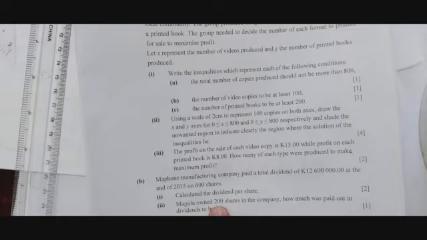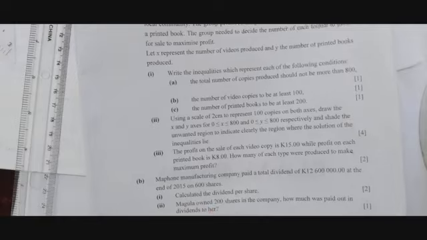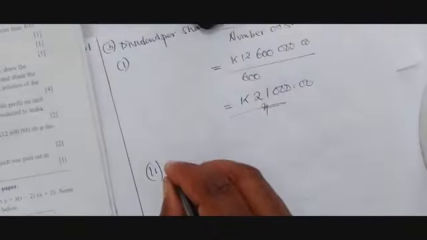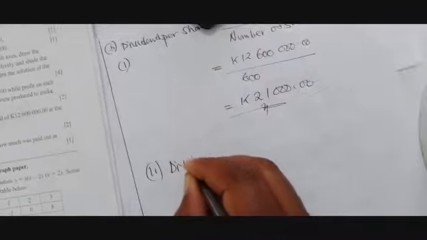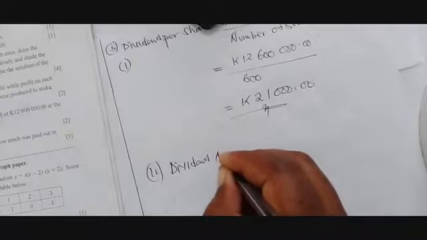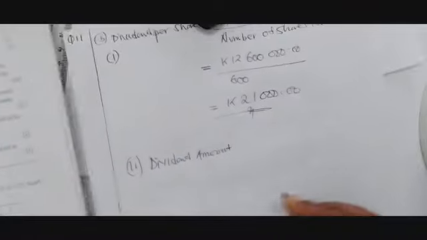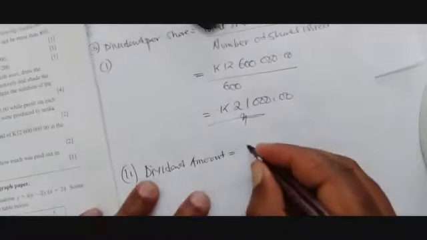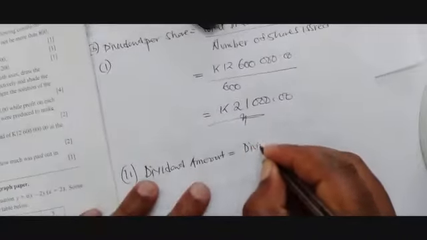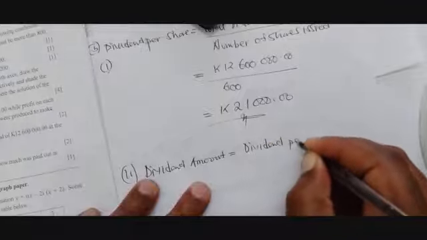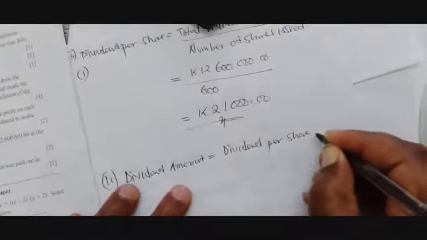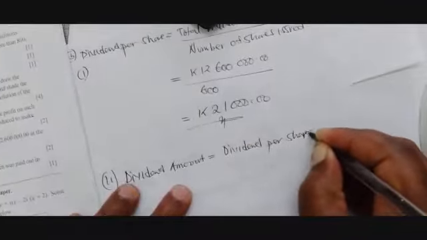Roman numeral 2. Magula owned 200 shares in the company. How much was paid out in dividends to her? So dividend amount is equal to dividend per share by number of shares.